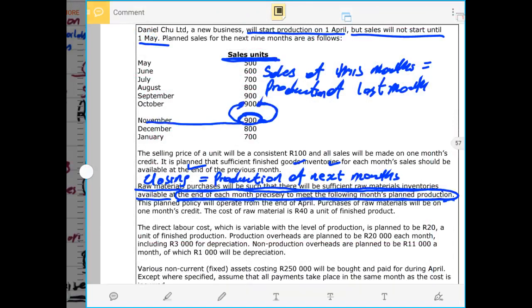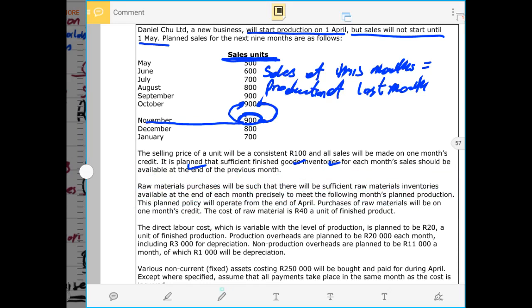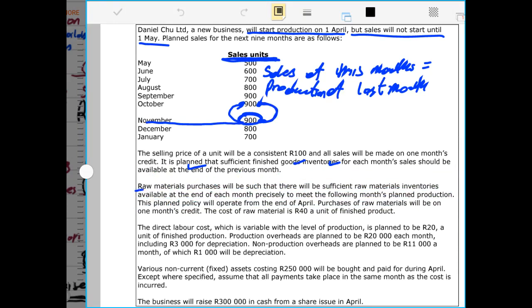This statement is telling us to do exactly what I am doing, because it is saying that raw material purchases will be such that there will be sufficient raw material inventories available at the end of each month precisely to meet the following month's planned production. In other words, our closing inventory of raw material should be equal to production of the next month, and I did also make a note of that. So now closing will be equal to production of next month.